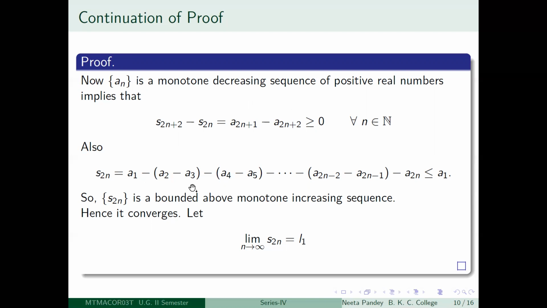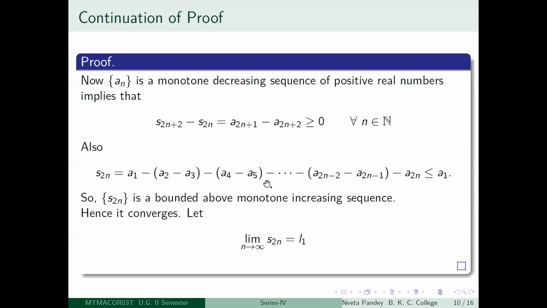So A2 is greater than or equal to A3, A4 is greater than or equal to A5 and so on. So all things in this first bracket are positive numbers. And A2n is a positive number because AN is a sequence of positive real numbers.